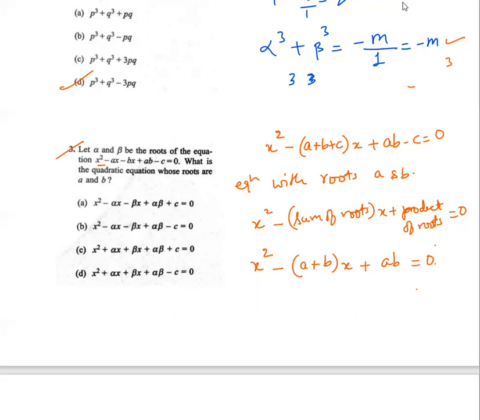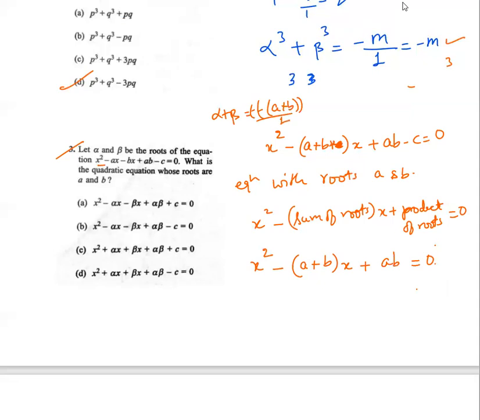Okay, but here we are given that alpha plus beta is nothing but we have a plus b. Sorry, yeah, this c is not there. A plus b is equals to what? Alpha plus beta is equals to, from this equation I can write it as minus a plus b and then minus outside once more divided by a.